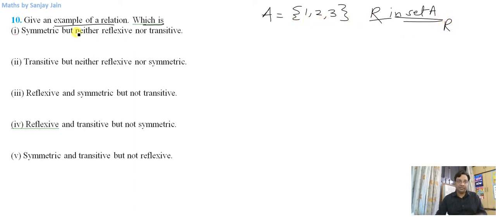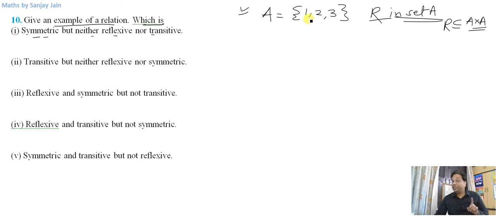We will take different relations for each of these subparts, and it will be a subset of Cartesian product of A with itself. So this is how I have defined A, and this relation R that I am going to write is defined in this set A. I need to give an example of a relation which is symmetric but neither reflexive nor transitive.